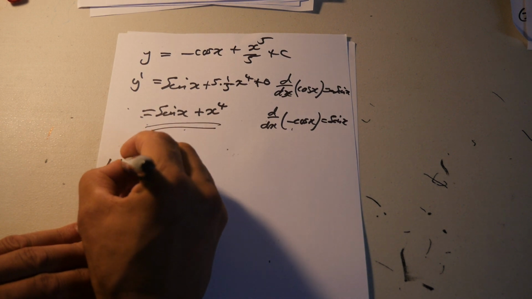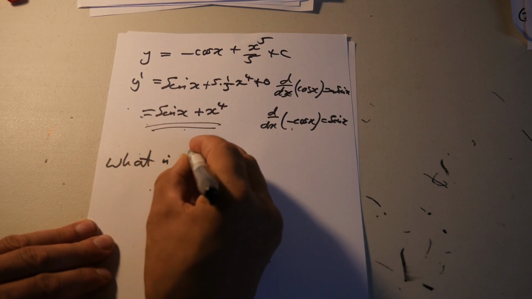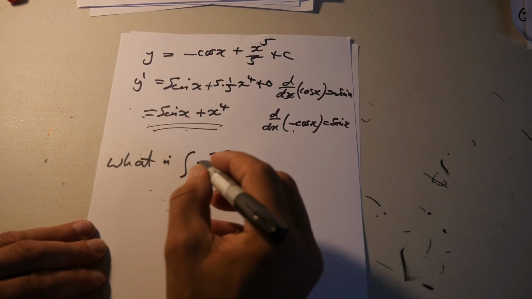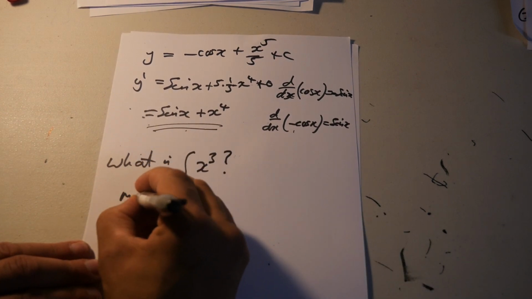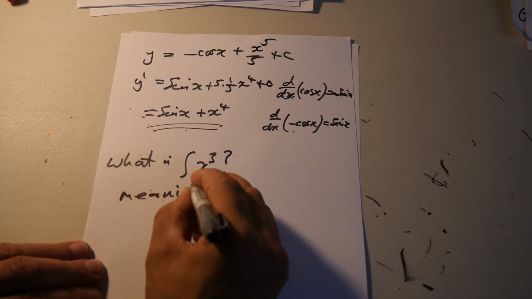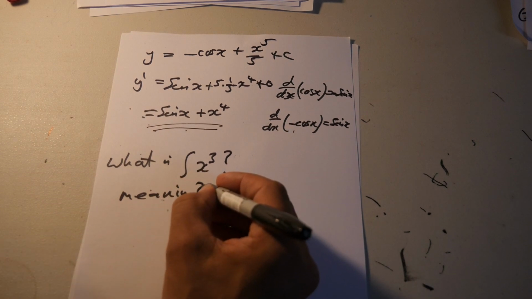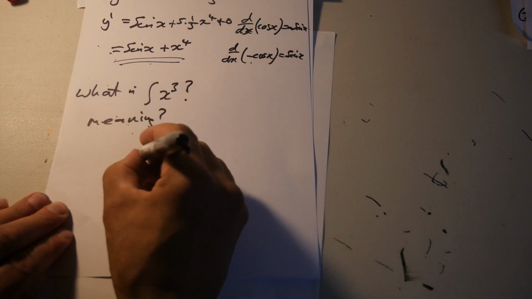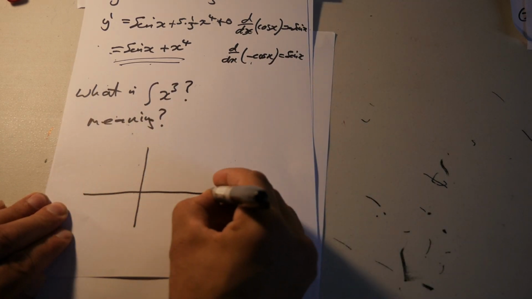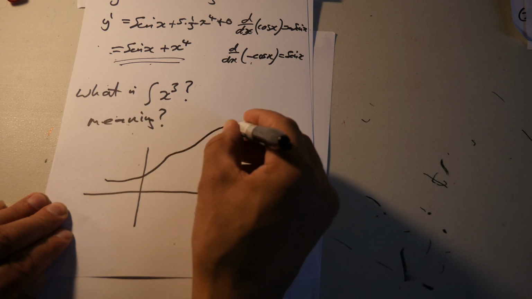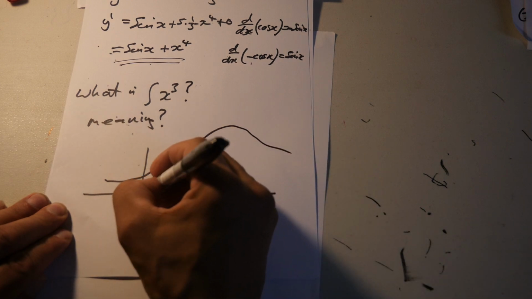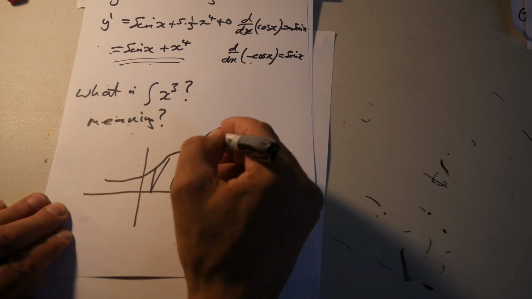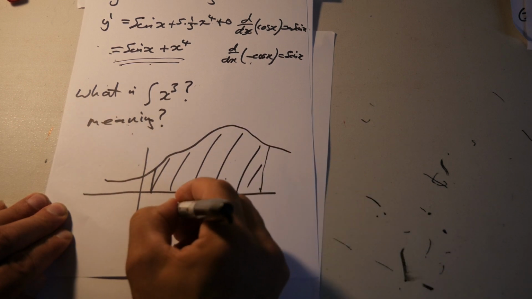But what is the meaning of an integral? Okay, the meaning of it is this. If you have a curve and you integrate in between, normally between two limits, you're actually working out the area, okay?